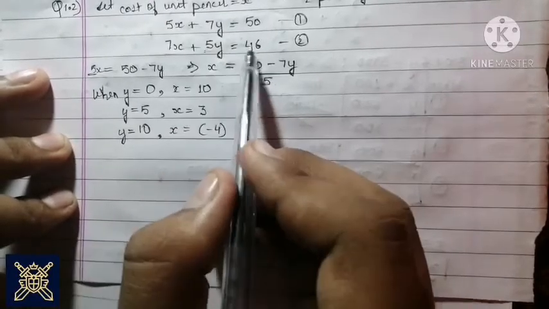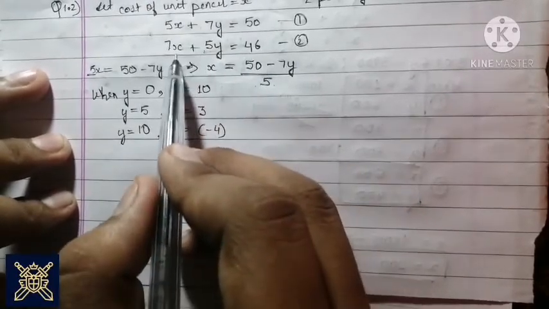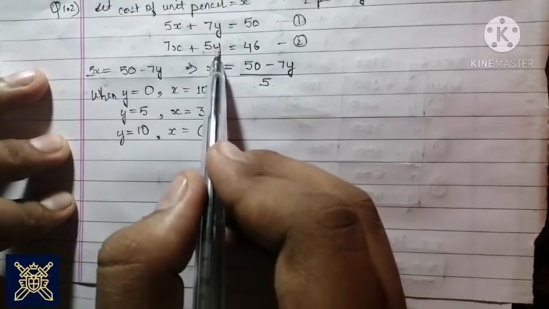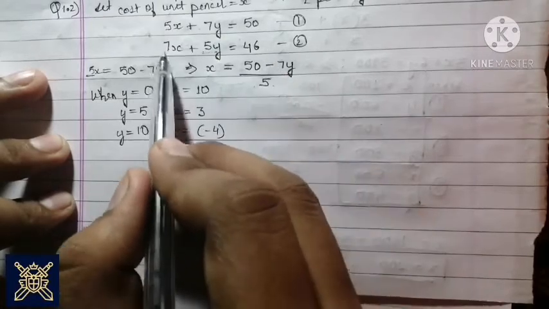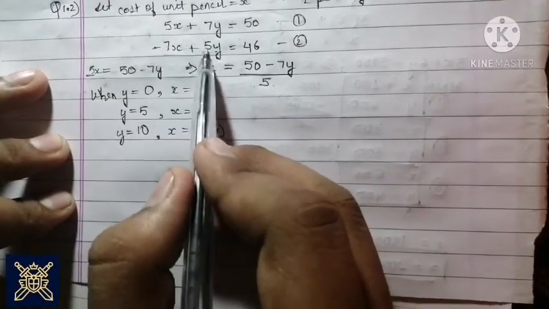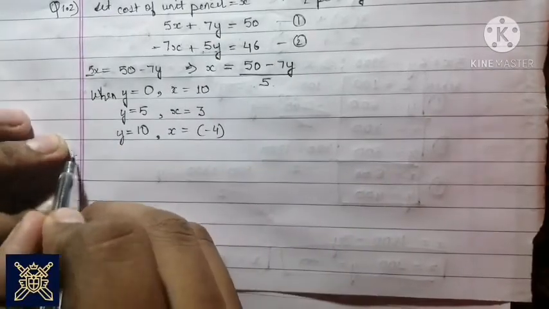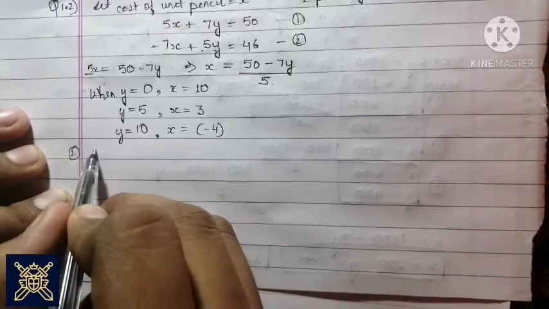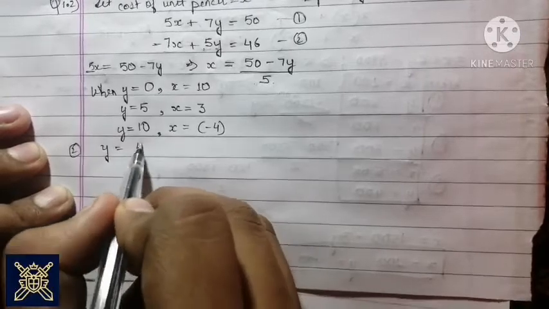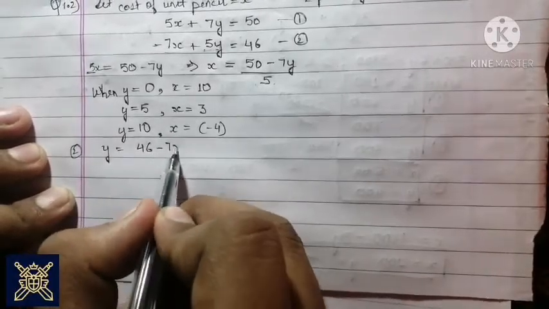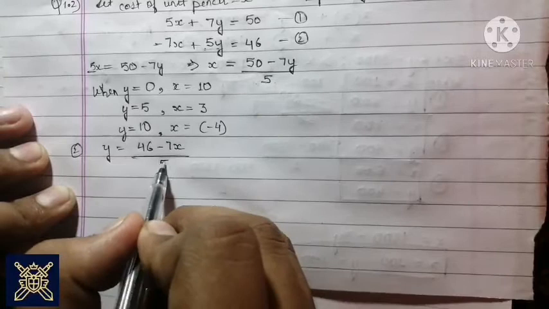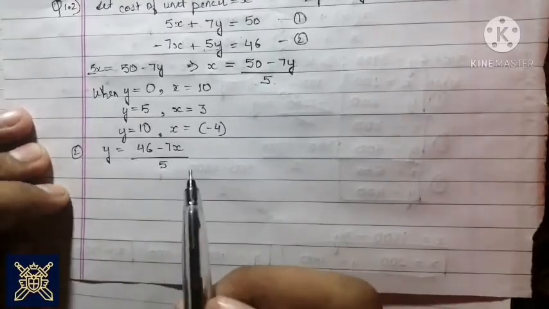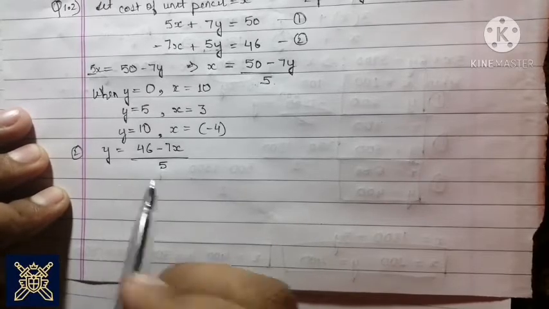You get 5y is equal to 46 minus 7x, and then you transpose this 5 to the other side. So your second equation will be y is equal to 46 minus 7x whole divided by 5. Now you will take some corresponding values of y and x.